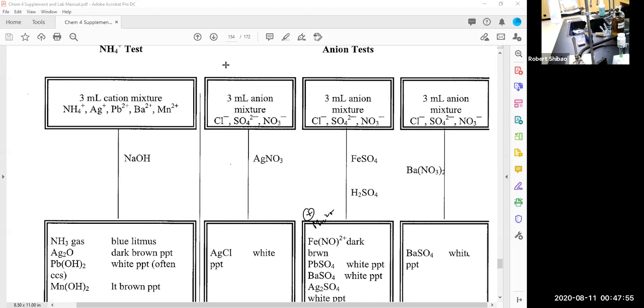Okay, the next step is I need to make sure I dissolve all the lead. Remember, the lead and the silver precipitate. In order to make sure all the lead is dissolved, I'm going to try to crush up the crystals to get as much of it to dissolve as possible. To do that, I'm going to use a stir rod here. Let me rinse off the stir rod.